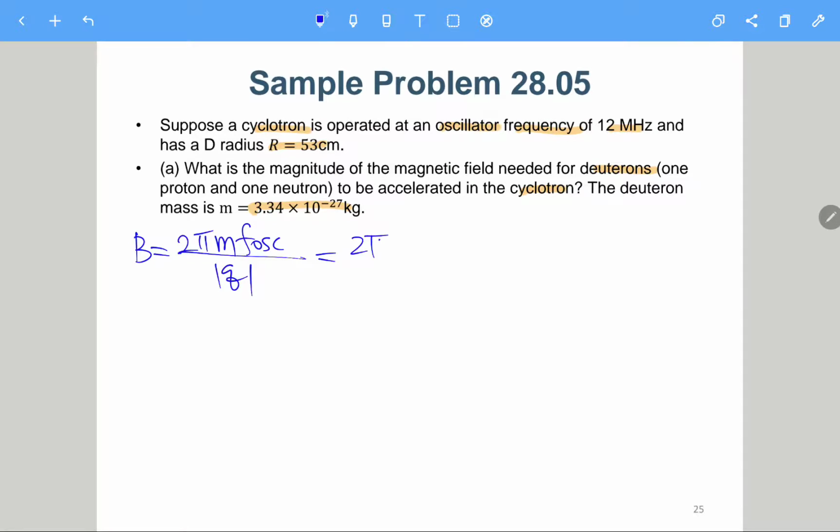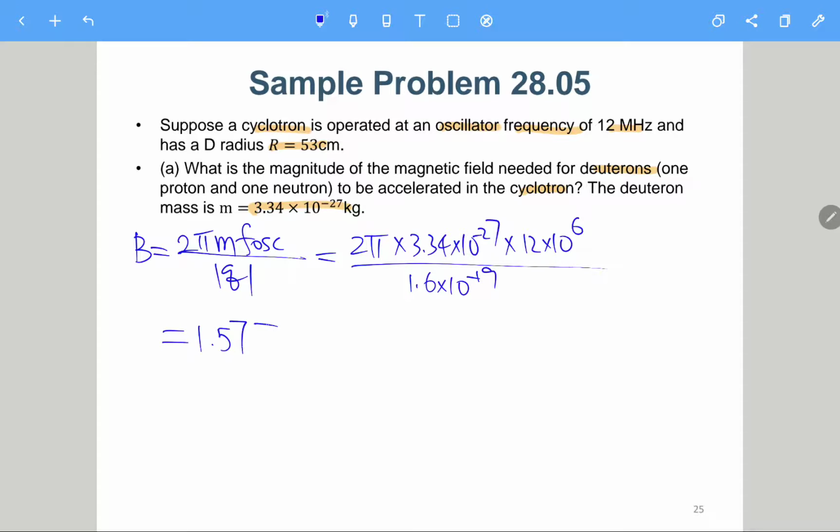So we have 2 pi times 3.34 times 10 to the minus 27 times 12 times 10 to the 6th power, and then over one proton's charge, 1 e, which is 1.6 times 10 to the minus 19. So B is 1.57 Tesla.